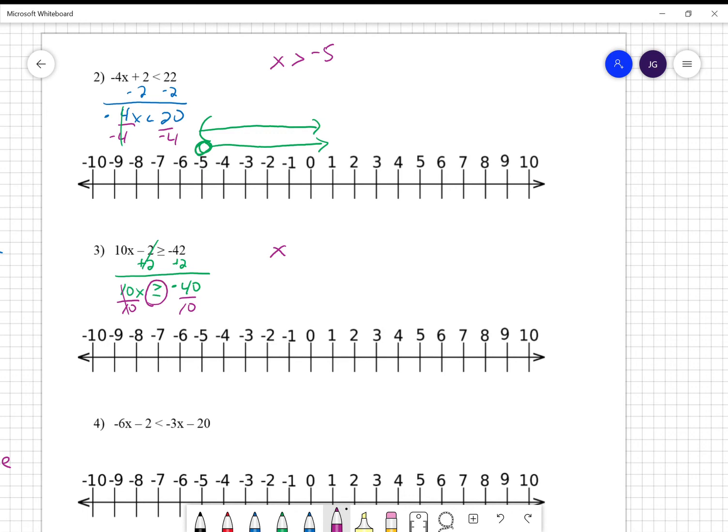It doesn't matter that the other side was a -40 divided by 10. The number I divided by, that number, 10, is positive. So x is greater than or equal to -4. So in graphing that, I have this equal to, so I'm going to have a closed circle above -4 pointing to the right. If you like the brackets, it would be a bracket opening to the right.